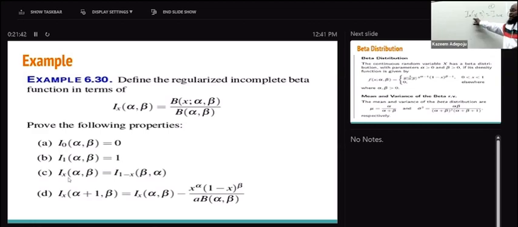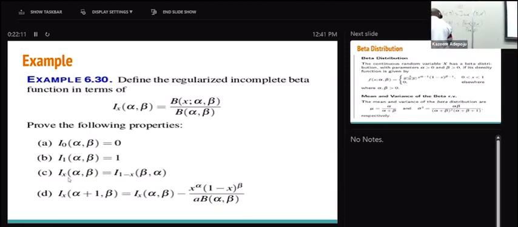Now, what is this guy here? So this guy here is B_x(alpha, beta) divided by B(alpha, beta). Now, this guy here is when I have 1 minus x, beta, alpha divided by this guy here. Now, what is happening? What is the difference between this and this? You're going to see now.